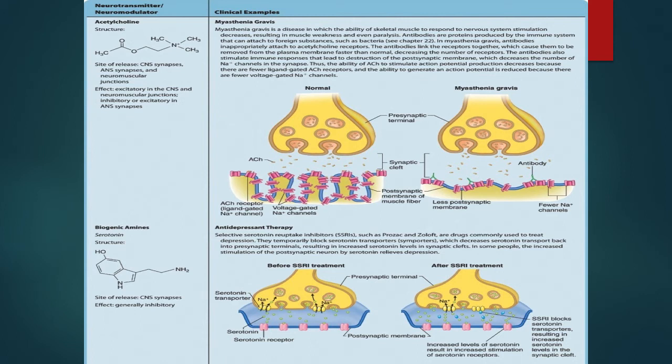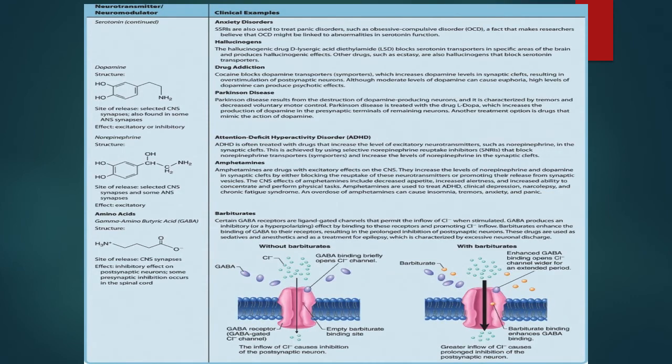But there's lots of different types of neurotransmitters. There's lots of cases where we want to alter their concentration or activity, and so commonly medicines are used to do that. But also sometimes drugs of abuse are drugs that alter neurotransmitters or their receptors. So I've got listed here antidepressants that affect serotonin.